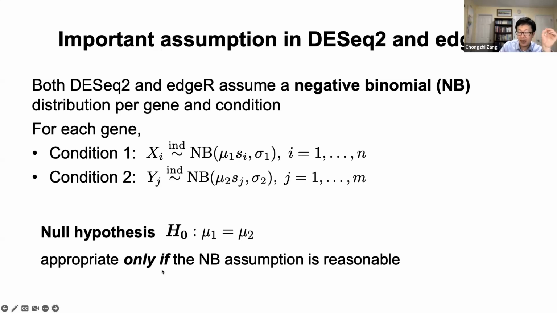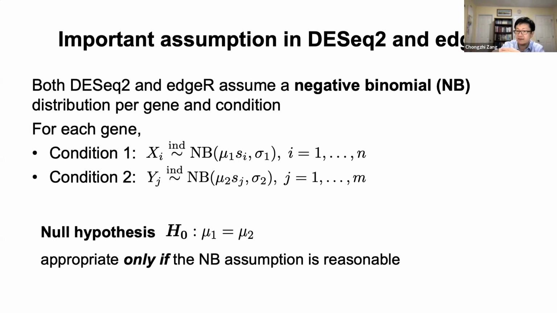And these null hypotheses used in DESeq2 and edgeR are only appropriate if the negative binomial assumption is reasonable. Which is true when both methods were developed, since they were using mouse data or cell line data, where the replicates in certain conditions are very similar.